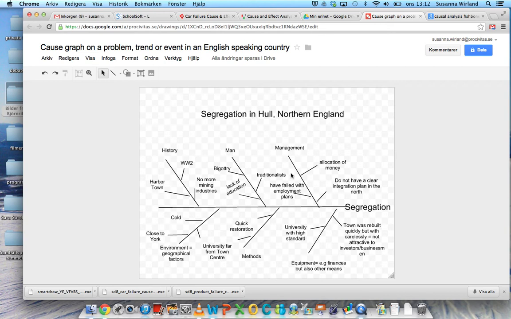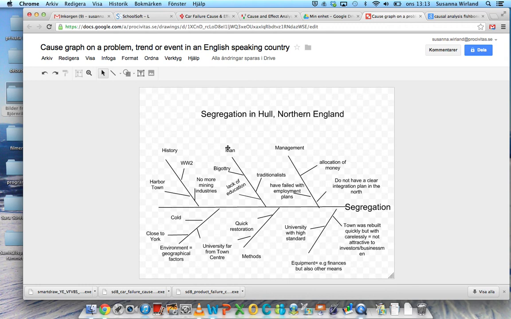I think it would be hard to look into Man, maybe, and how they are traditionalists and how their culture works against integration. So that is what I would do. I would look into history, I would look into management together with geography, and of course management and equipment go together. And then I would have my third with social factors regarding how the English northern people are traditionalists.